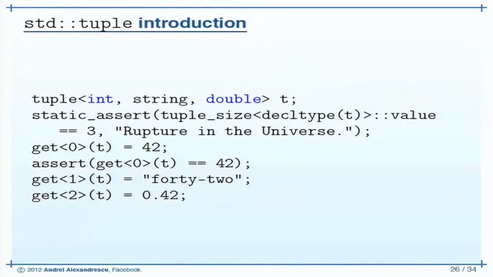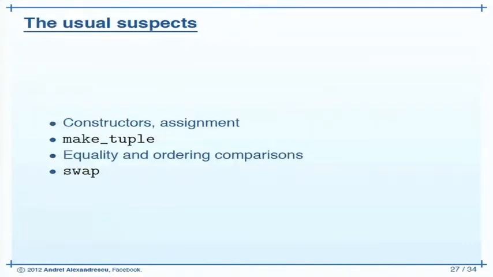You can assert the obvious. get<1>(t) gets 42, and so on, right? So you can read and write using the get template, and you just pass the index of the element, 0-based, into get's template argument. All right, why do you think it's not t.get<0>? I'll explain in a second.